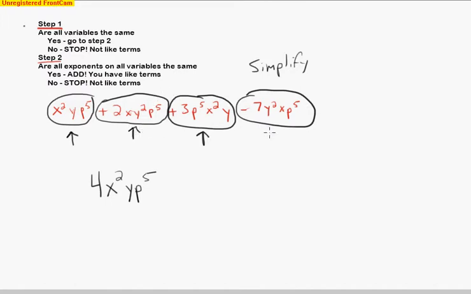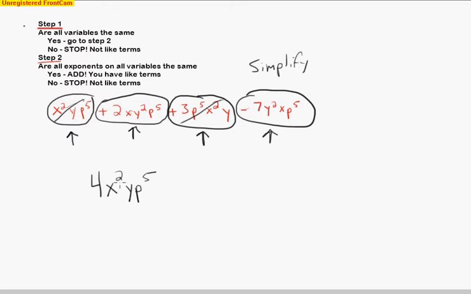Let's see if terms 2 and 4 match up. We'll say we covered these already. We've got x, y, p, p. So it passes step 1. We go to step 2. Are all exponents on all variables the same? X to the 1st, y squared, p to the 5th, p to the 5th. So these are oranges.